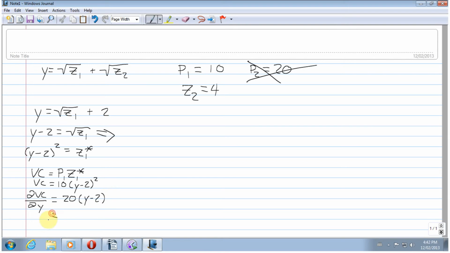So let's expand that out, and MC is then 20y minus 40. The optimal behavior is to set price equal to marginal cost. P equals 20y minus 40, P plus 40 equals 20y, y equals P over 20 plus 2.